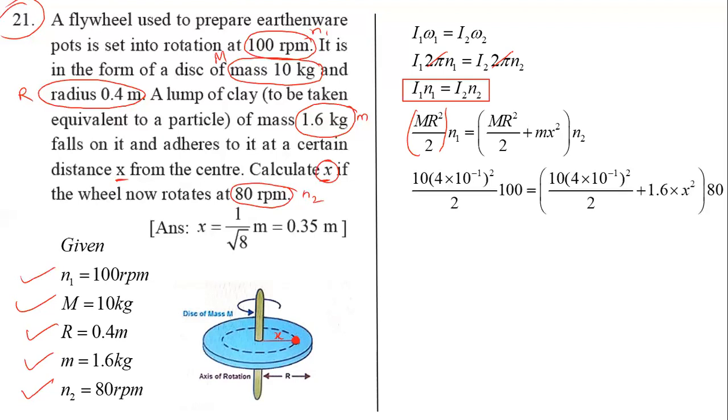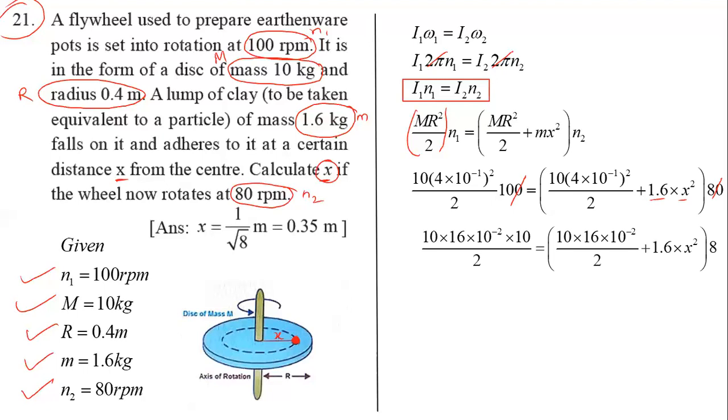Now here we substitute mr square divided by 2 and 100. Here also we substitute mr square by 2 plus this m and this x square, multiplied by 80. Now here we can cancel, this 0, 0 get cancelled.